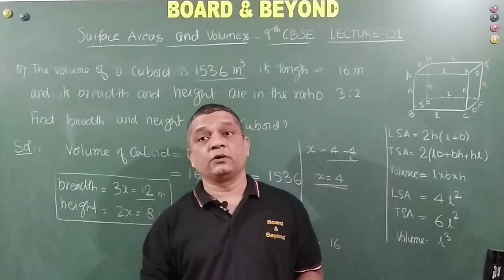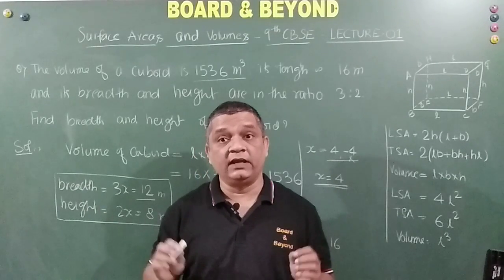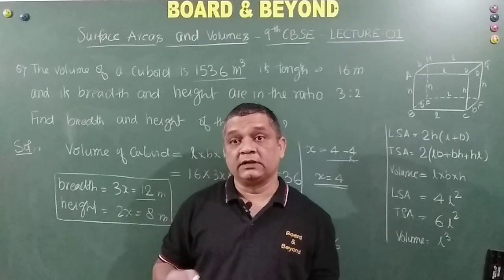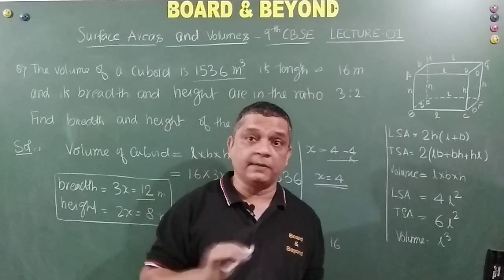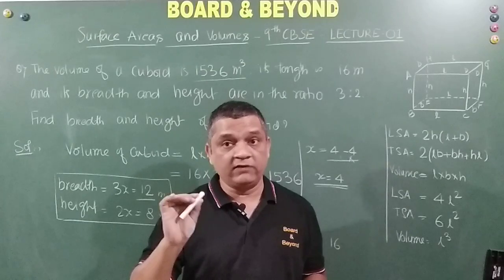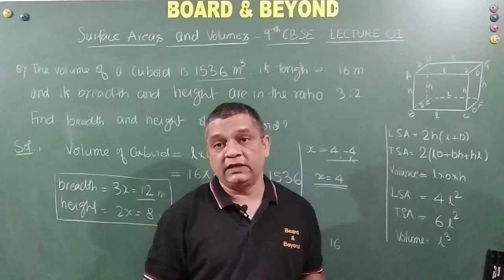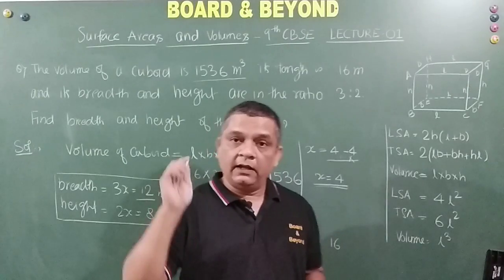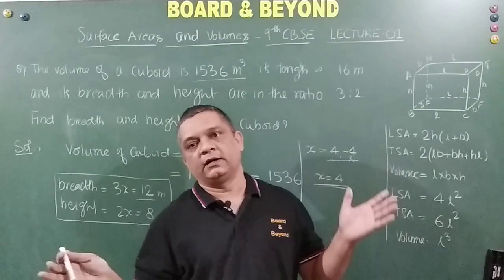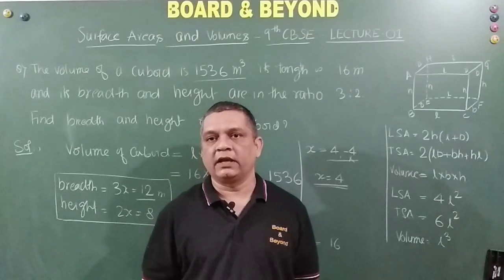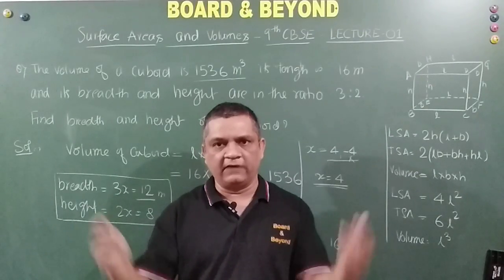One more important concept, my friends, let me tell you, not very important as per your examination point of view, but yes, definitely you will take up some competitive exams, and there it will be really handy. Okay, so the question is, a cuboid room is there. Basically length is different, breadth is different, height is different, right friends?